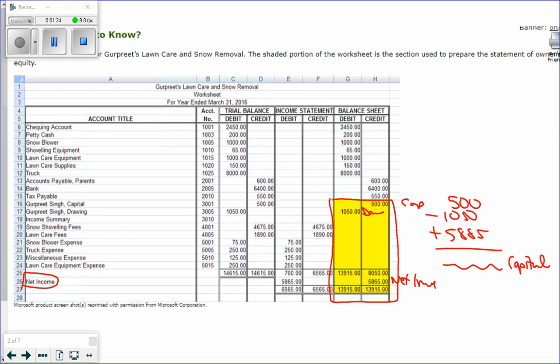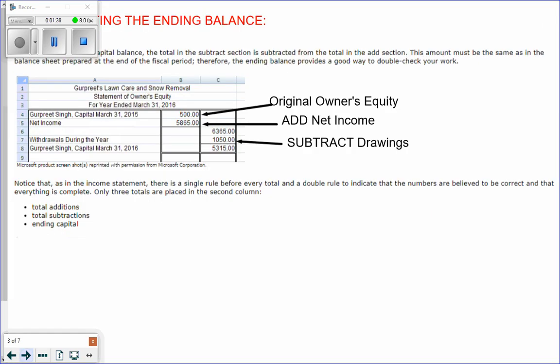Now, how we show that as a general journal entry is as follows. It looks weird, but I just need you to memorize the setup. You're going to have your two columns. You put the original owner's equity in the first column.